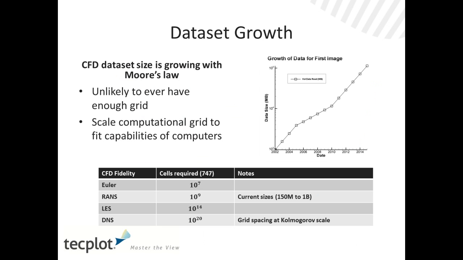Depending on the fidelity of the CFD case, you're going to be looking at very large grids. In fact, for RANS in particular, you're looking at 10 to the 9th grid points required to fully realize a solution on the 747. That's a very, very large mesh. So we've got a lot of room to grow in this area.